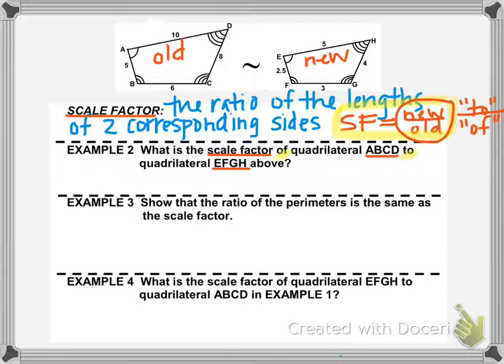So when you do this, you get to decide which two sides correspond. It doesn't matter. Any two sides that correspond. Now we have 4 pairs of corresponding sides to choose from. Let's just choose 2 of them. Maybe let's do the 10 and the 5. So remember, we want to put the new over the old.